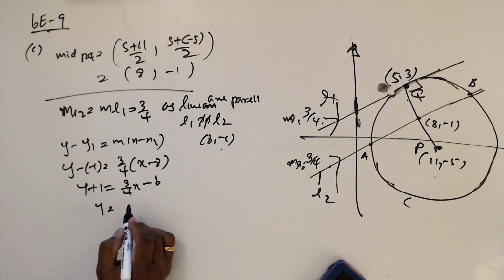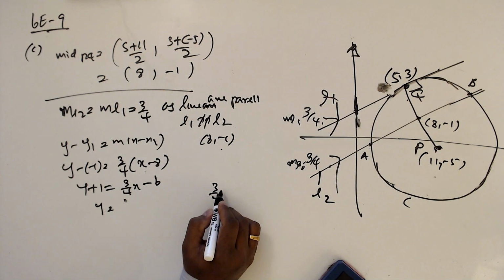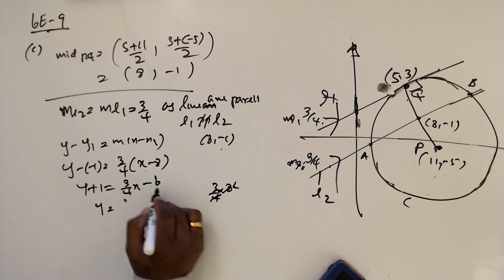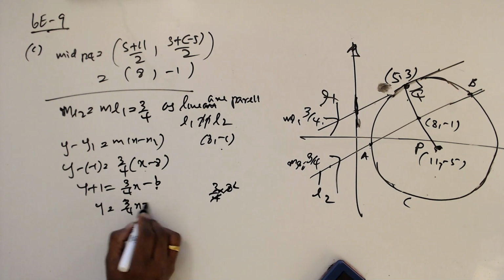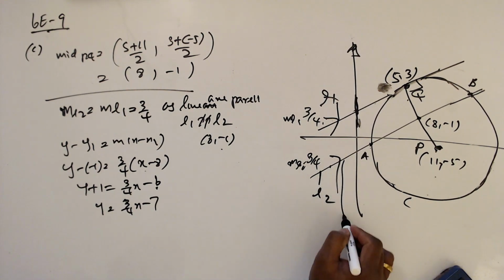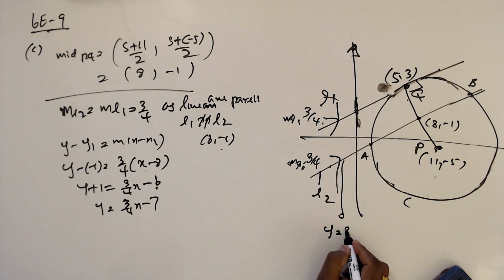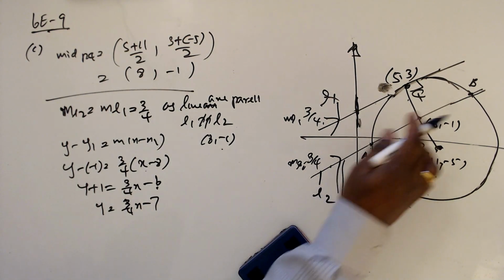So y = 3/4 x - 7. Now I found this equation is y = 3/4 x - 7. Now you have to solve those two equations, the circle and the line, to get those points A and B.